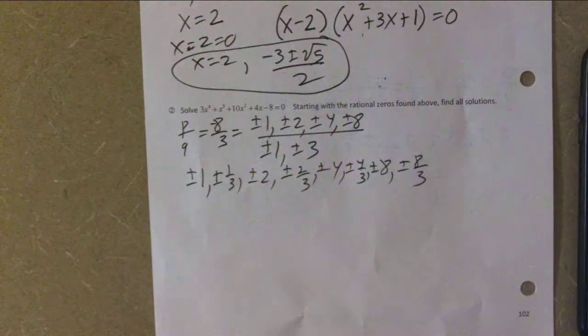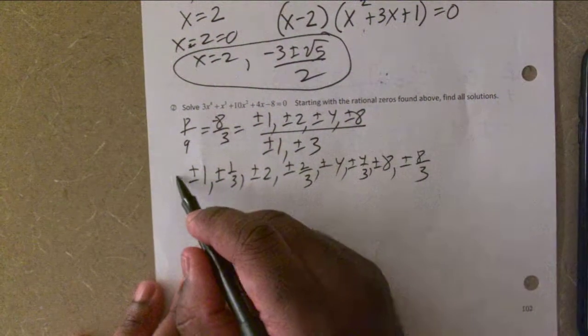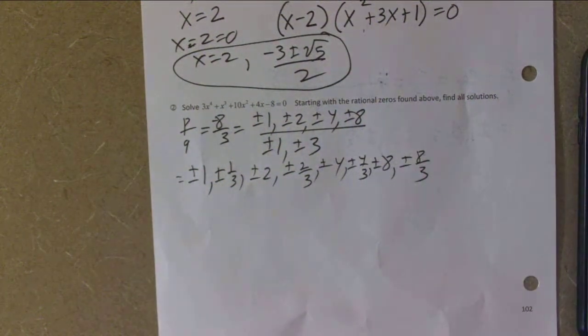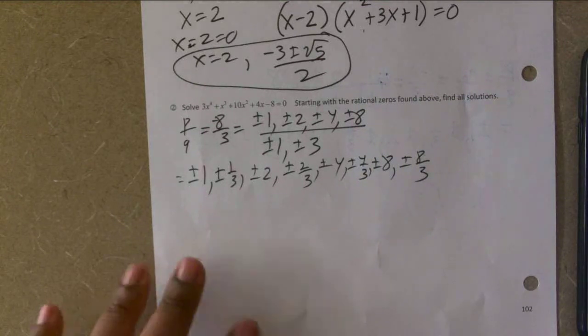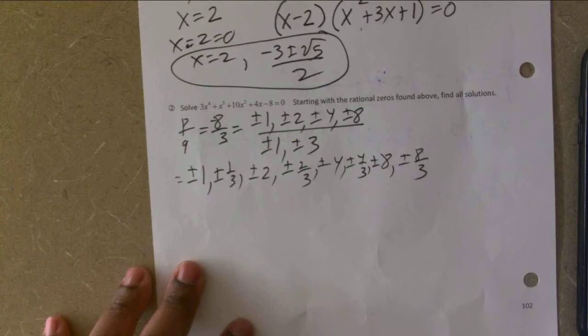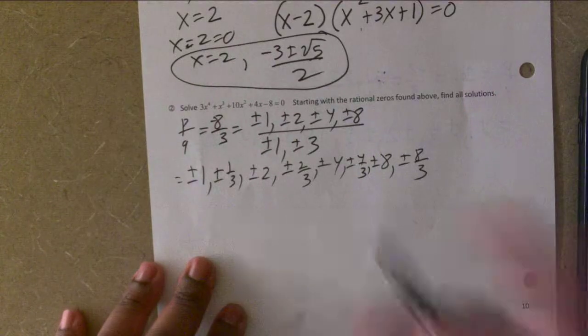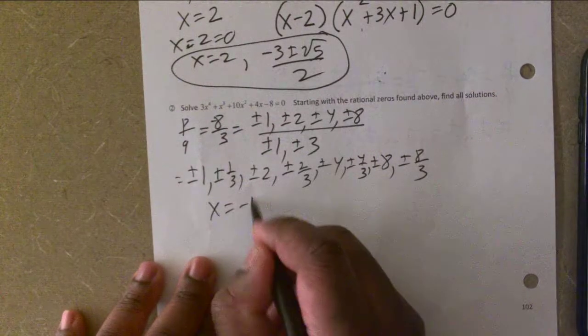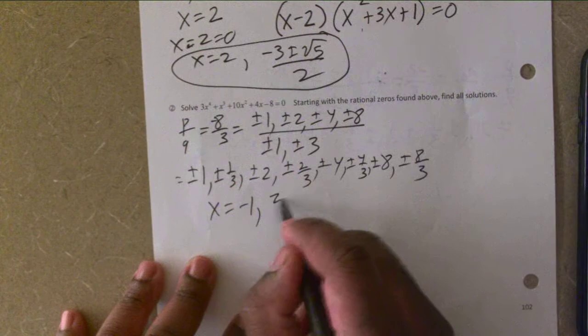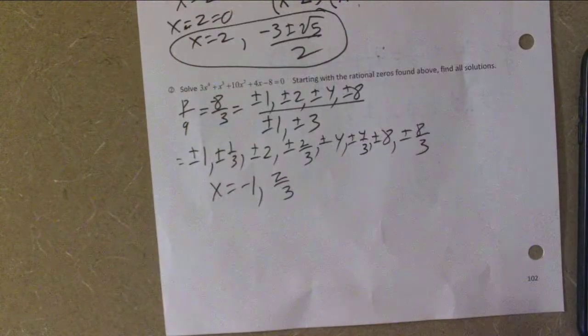Okay, now, these are all the potential zeros here, or potential solutions. But we know that our solution was only x equals negative 1 and also 2/3 from what we did before. Does everyone follow that so far?